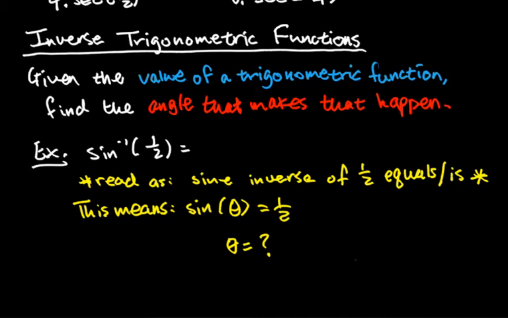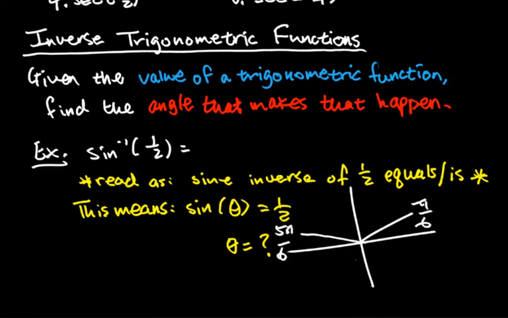Okay, if we look at a unit circle, we can tell that at pi over 6 and 5 pi over 6, we have the same sine value. So 5 pi over 6 and pi over 6 both make that happen.